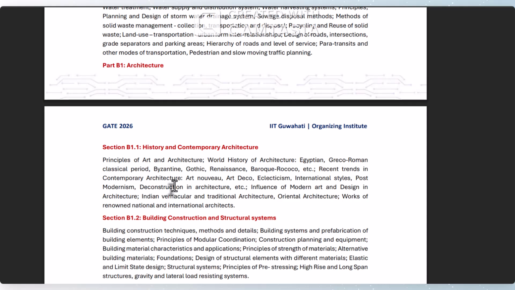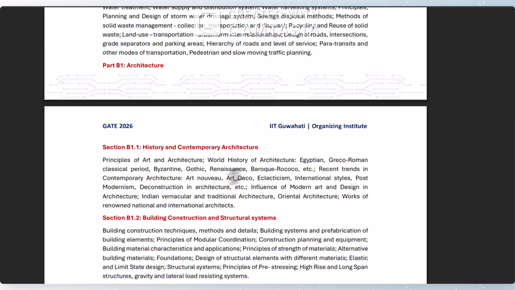In GATE, you can expect match-the-following or identification-based questions, like which type is associated with the pointed arch, or which architects belong to the Renaissance period. These types of questions you can expect.